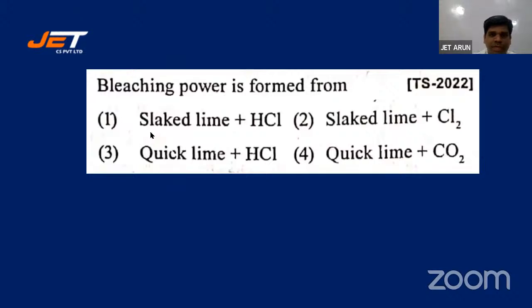Bleaching powder is formed from slaked lime and HCl, slaked lime and chlorine, quicklime and HCl, quicklime and CO2. Good, good, good. You're all interacting. 4. Sidhu says 4. Let's look at the answer. It's 2.